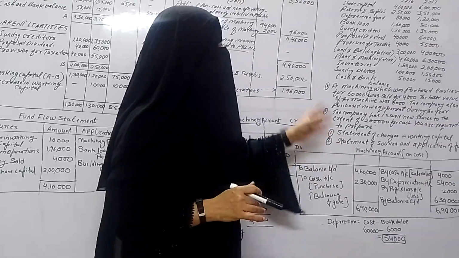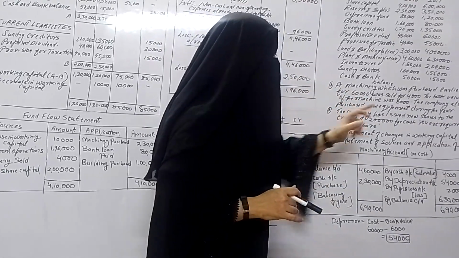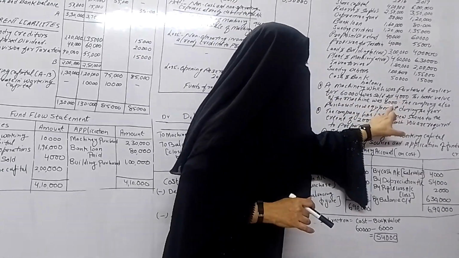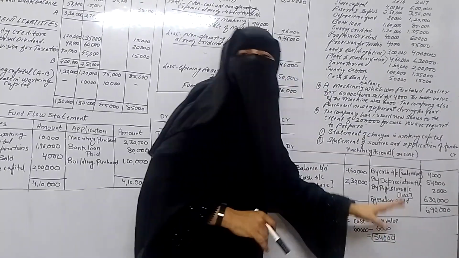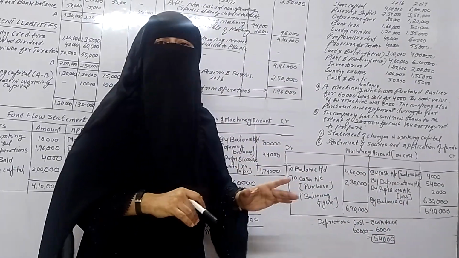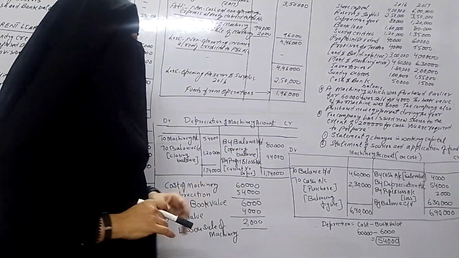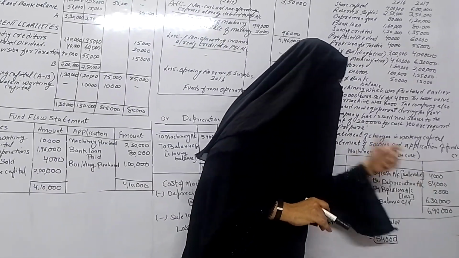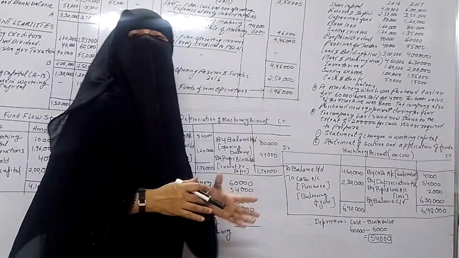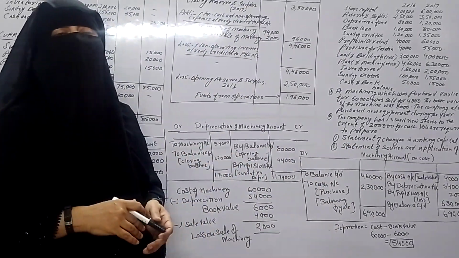The cost of machinery sold was 60,000 and book value was 6,000. So 60,000 minus 6,000, 54,000 is the depreciation on machinery sold. So by depreciation 54,000.